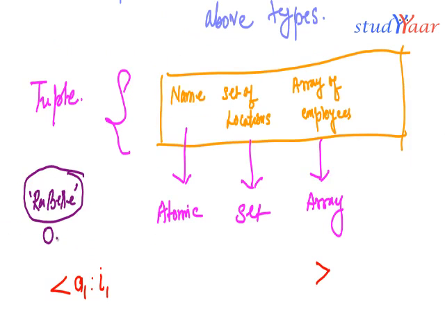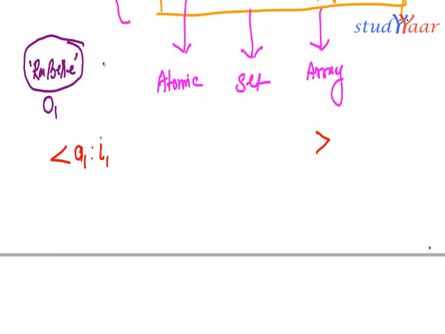Let's suppose I call this O1, and the OID of O1 is I1. Then I would have something like name colon I1, which says that name is an object whose object ID is I1. So we store it as A1, I1, A2, I2 and so on, up to AN, IN.